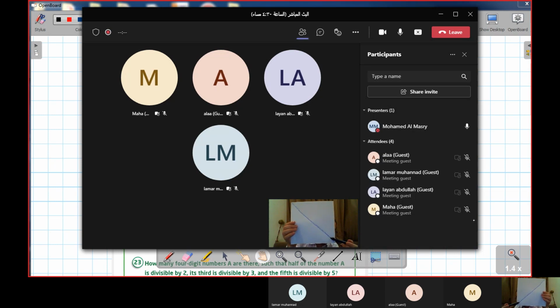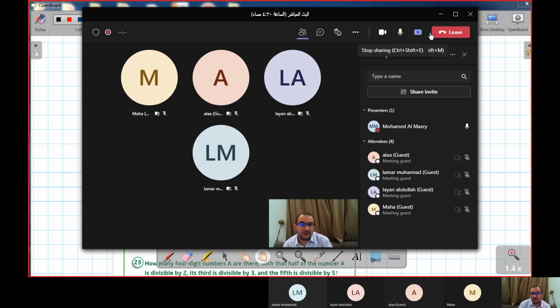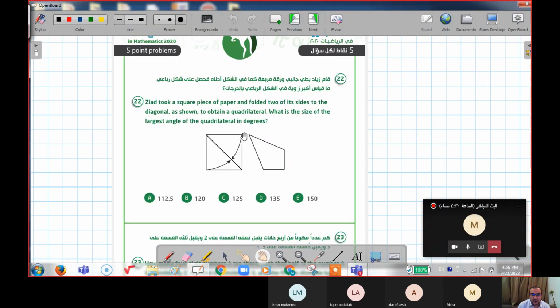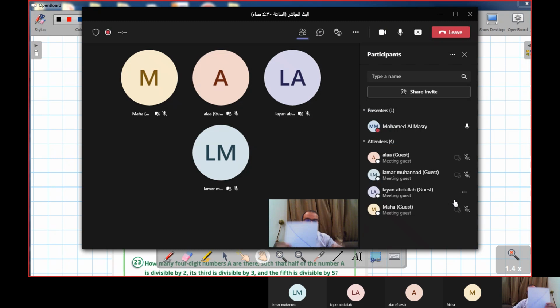He folded the two vertices onto the diagonal, like shown in the figure. So he put this vertex to this point, and the other to the same point. He did it like this, for example.